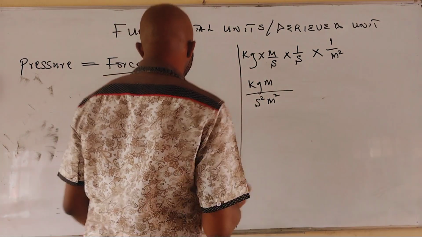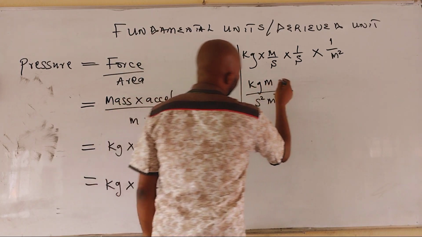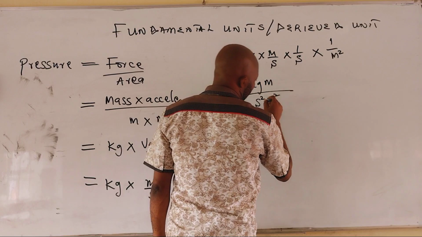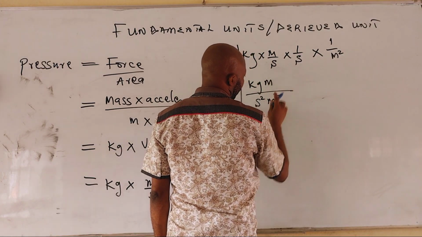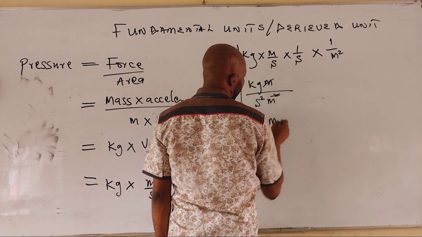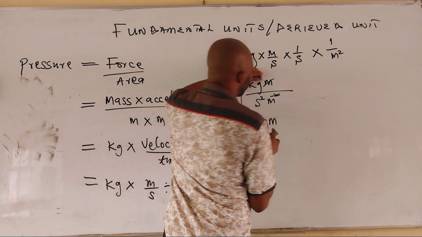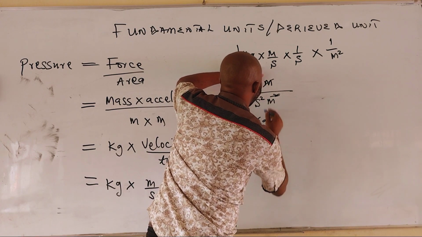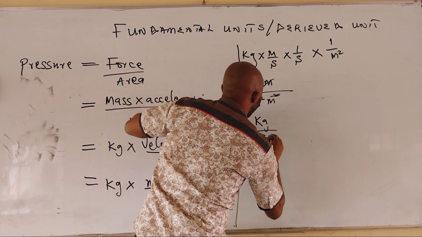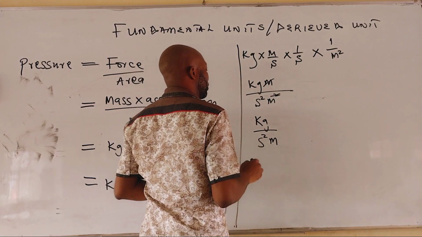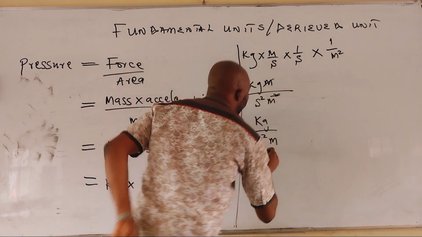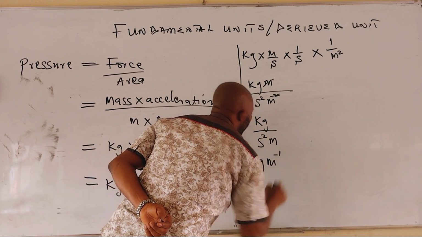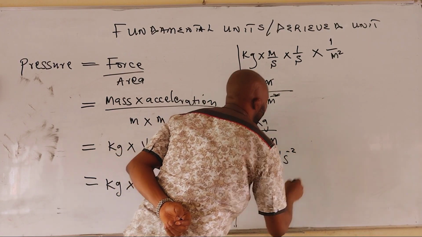So, let's proceed. Now, this becomes kg m. If I cancel this, I will have kg up only. Now I have over s squared m. So if I want to take them all up, I now have kg m^-1 s^-2.